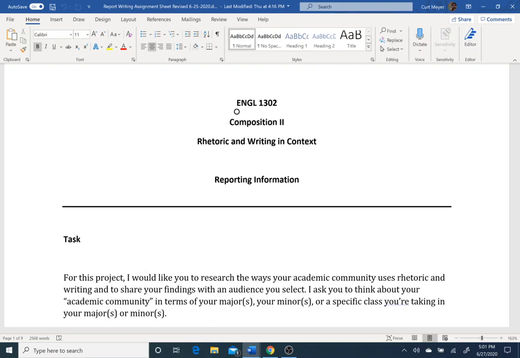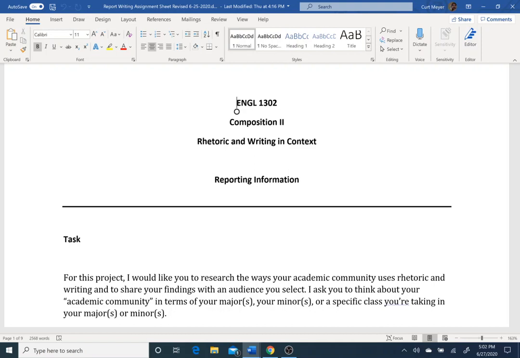You can understand where you're going with the information gathered and collated and expounded upon in your annotated bibliography. What are you going to do with it, right? What's the purpose?